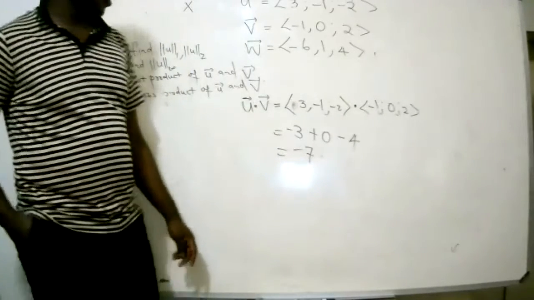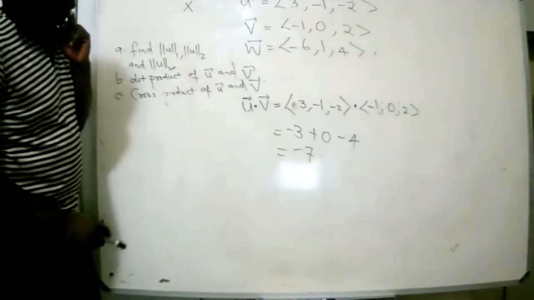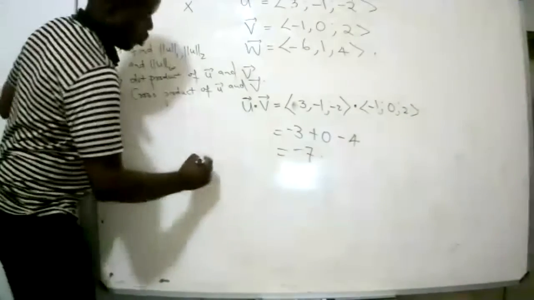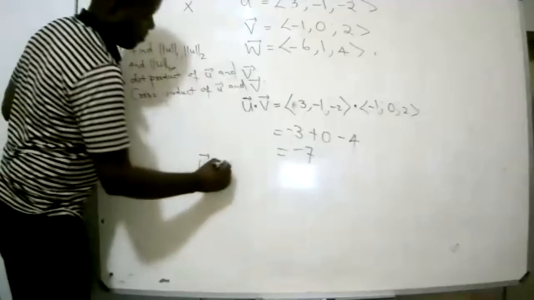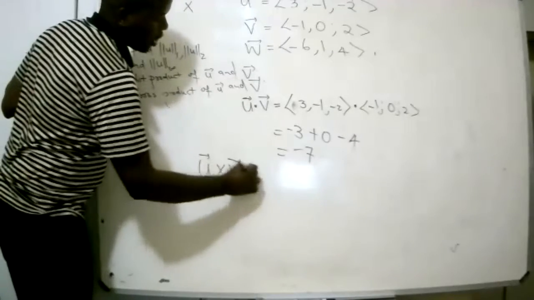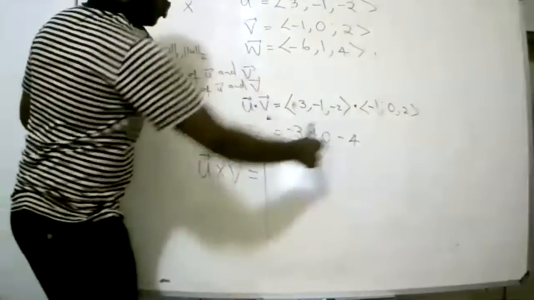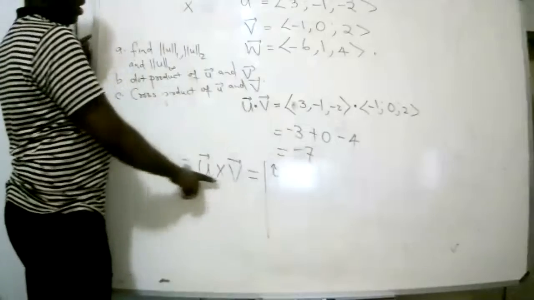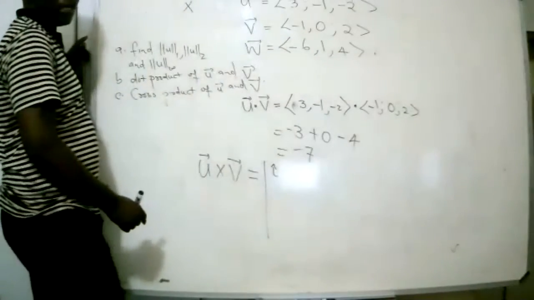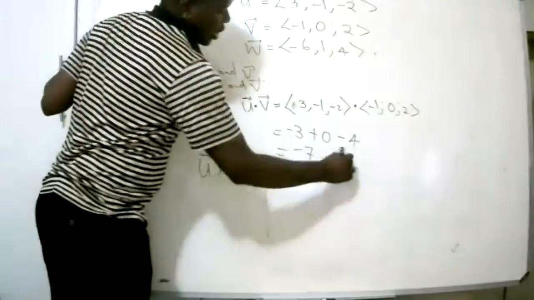Okay. So we require the cross product of U and V. For the new vector that you're going to get, the first row is i, j, and k.